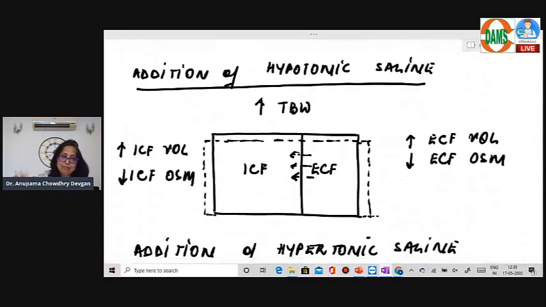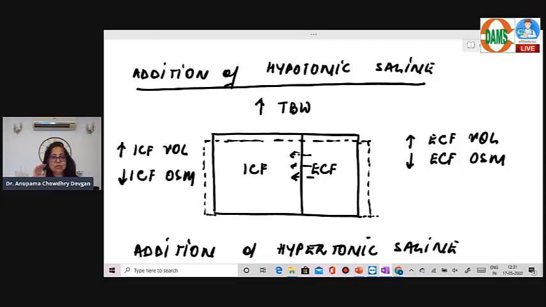If you add hypotonic saline, yes, you are increasing the total body water, but you're also reducing the osmolarity first in the ECF. And because there is reduction in the ECF osmolarity, water will move from dilute to concentrated, from ECF to ICF till the osmolarity is the same on both sides.